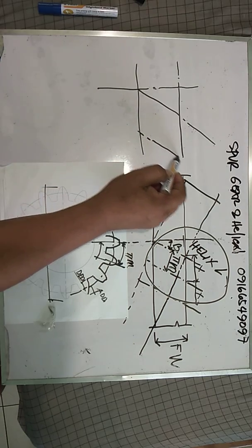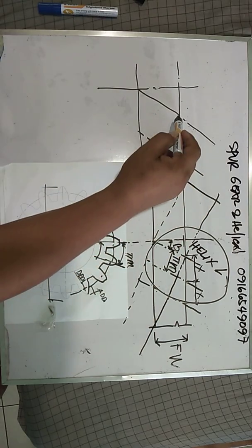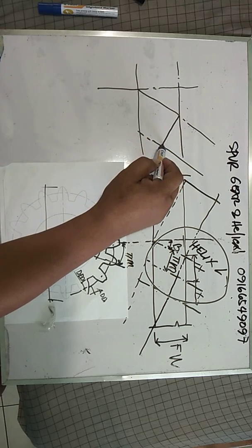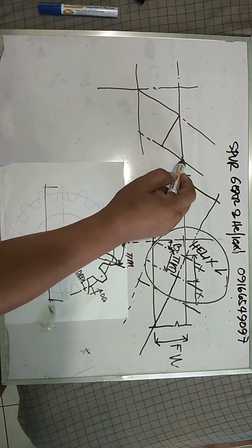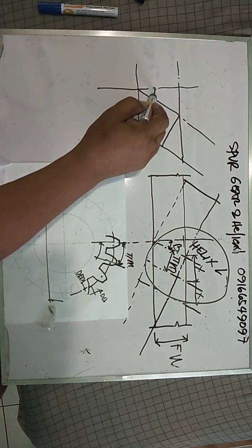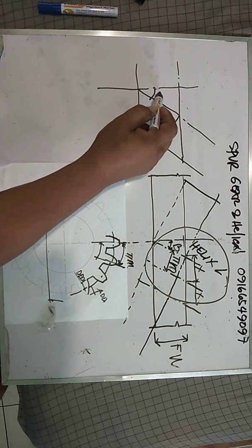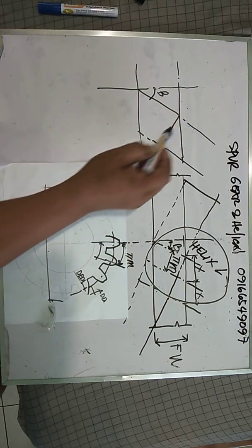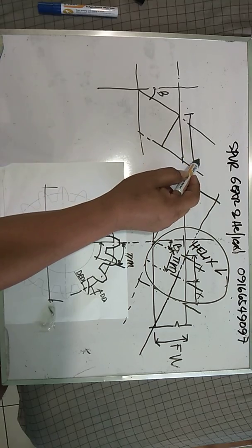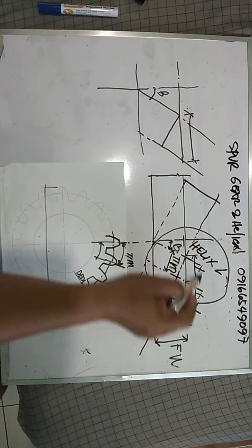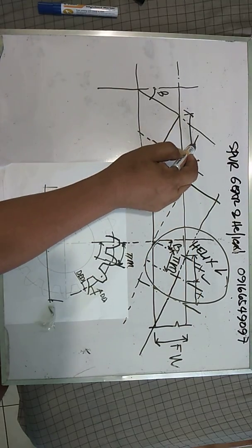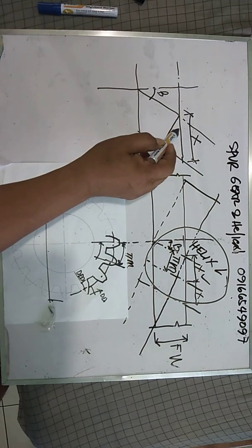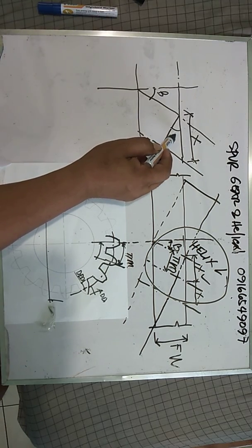So this is the helix angle beta, and this one is x.